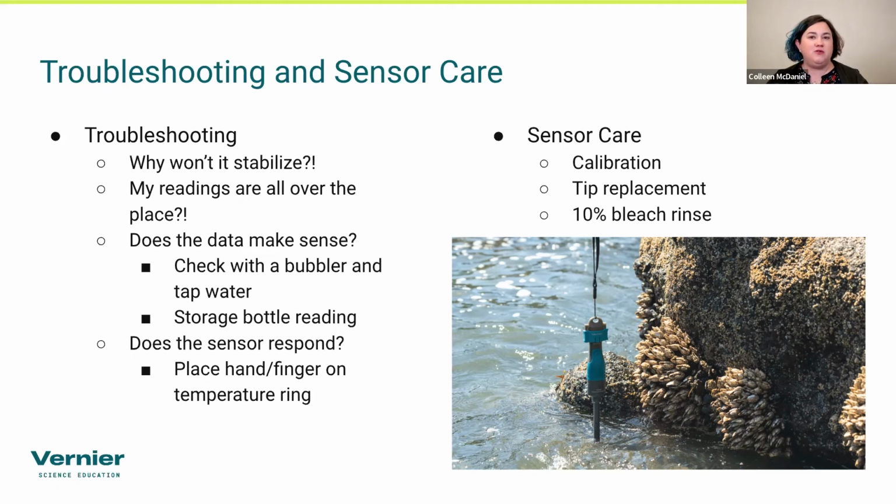What I recommend doing is just going ahead and soaking the probe directly in water for 24 hours and then saturating that sponge. And the reason we have that sponge and why we store it in this humid environment is actually to get the membrane primed and ready to go so that it can more quickly respond and take readings. So that's why if it dries out, it's not the end of the world. It's perfectly okay.